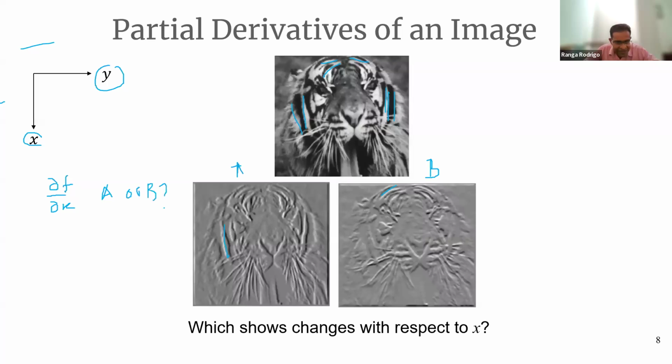Let me see whether you can answer this question. I'll take a poll. You can see it, I hope. So please answer this. Partial derivative of f. I had written df by dx, that's okay, you understand what it means. Which one is it, A or B?